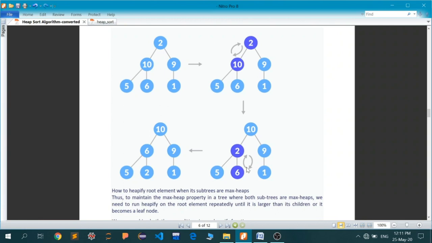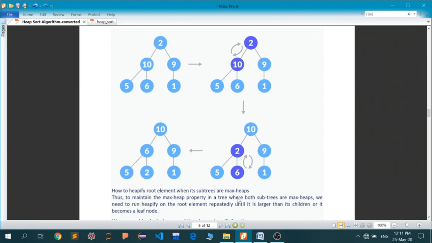It will not stop until it has reached the leaf node. Now, as you can see, we have reached here, and in this case the largest will be pointing to this particular element, because 6 is the largest element. As we can go no further, the recursive calls will stop.